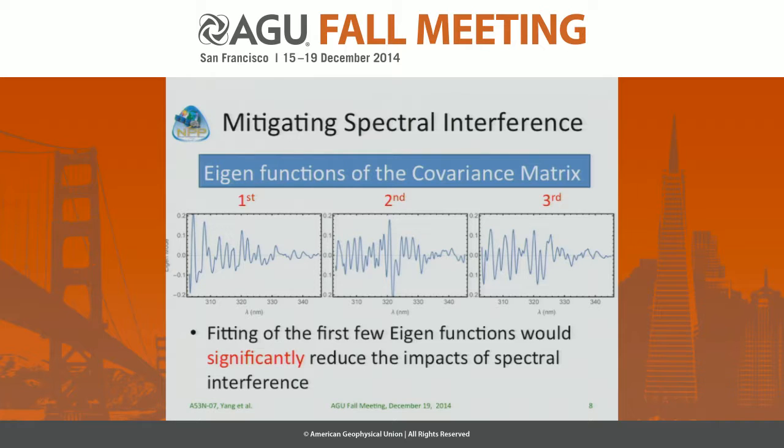If you don't correct them, you will have bias and other artifacts in your retrieval product. So our approach is very simple: when we do the fitting, we include these like a trace gas. There are many eigenfunctions, but you only need to include the first few of them to remove this spectral interference.